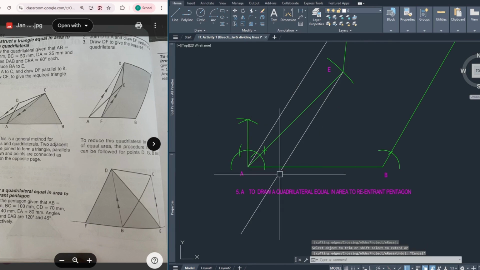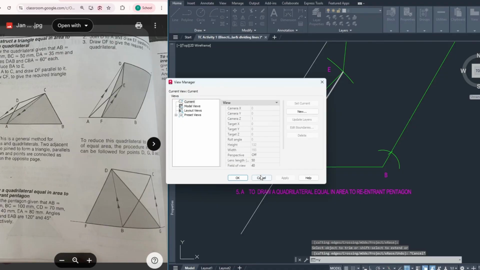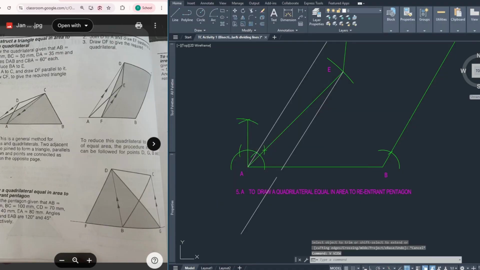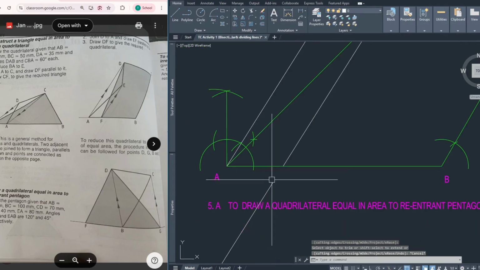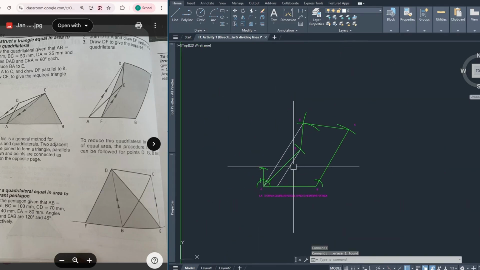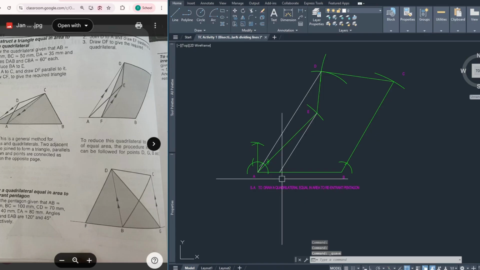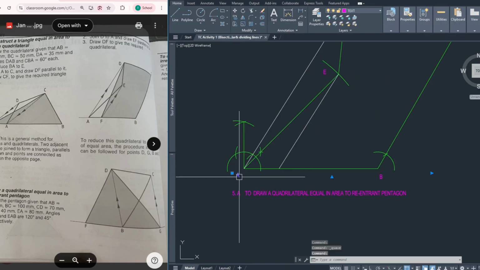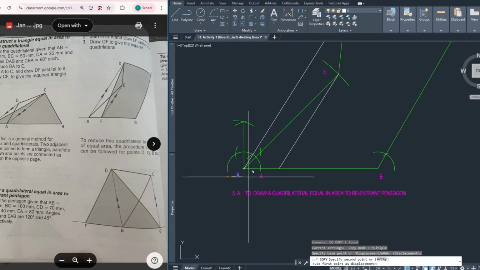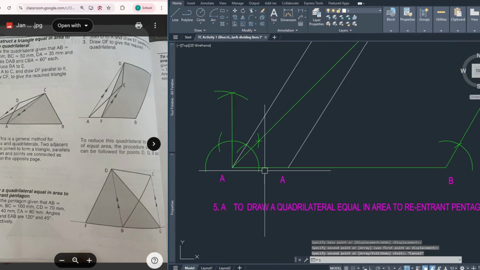Then trim. Now we trim because this line is actually supposed to stop exactly on our straight line or on our horizontal line AB. And then let's label this point F. So if you're reading the instructions, you'll see where it says to do all of this as well as to label the point as F.